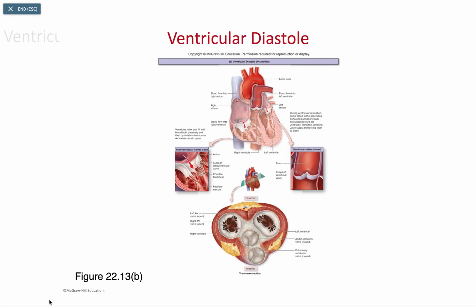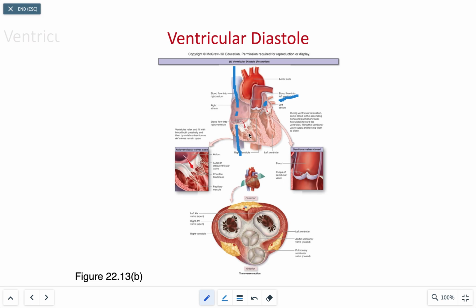When we look at ventricular diastole, we're going to have the filling of the ventricles. Diastole means relaxation, so when the ventricles are relaxing, we're going to see blood entering into the right and the left atrium, coming from the lungs and from systemic circulation.